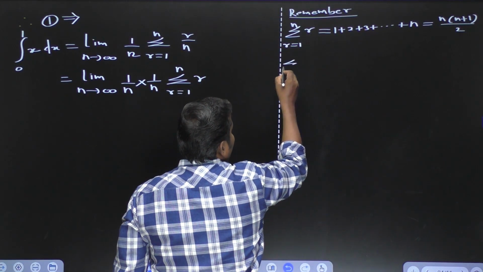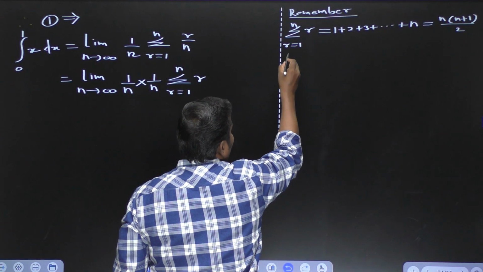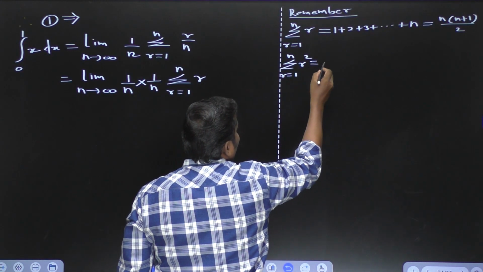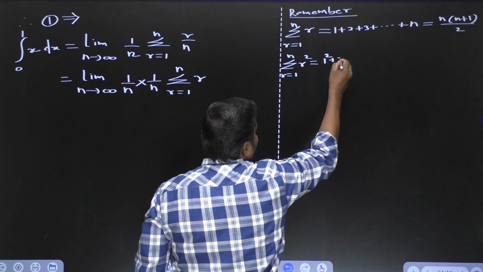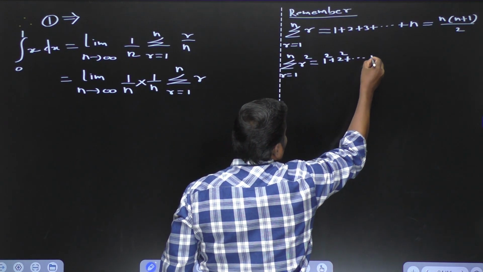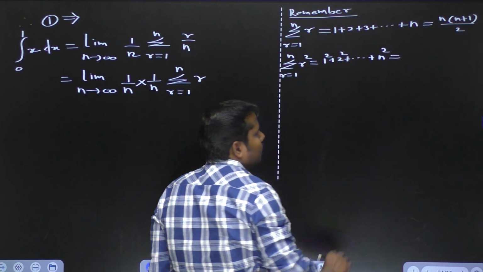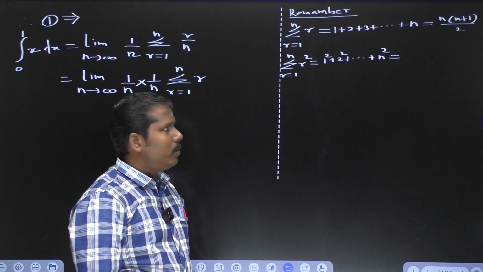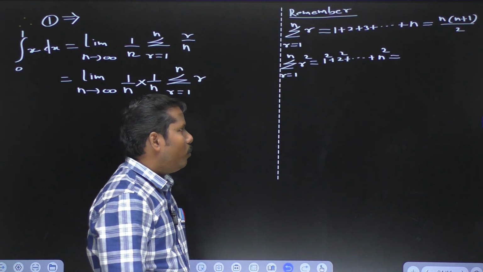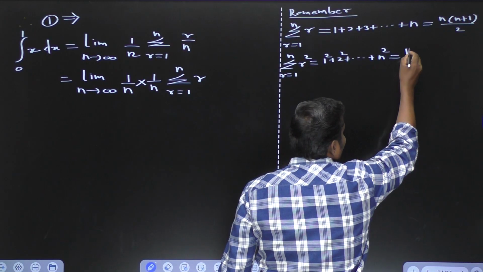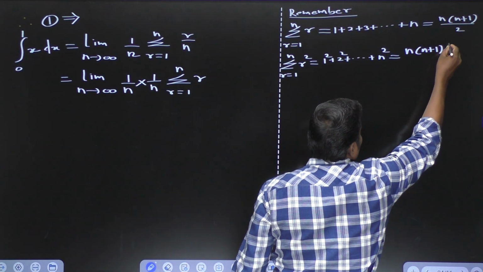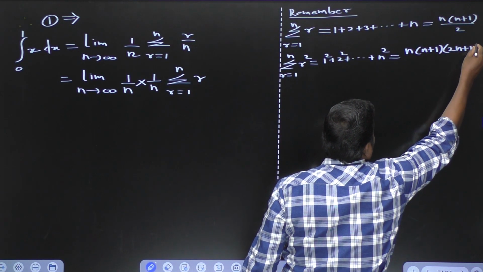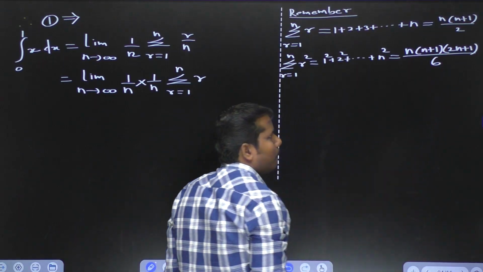Secondly, summation ranges over r from 1 to n, r squared. That is 1 square plus 2 square plus etc. plus n squared. This is the sum of the squares of the first n natural numbers. Can you guess what is the answer? Which is given by the formula n into n plus 1 into 2n plus 1 divided by 6.